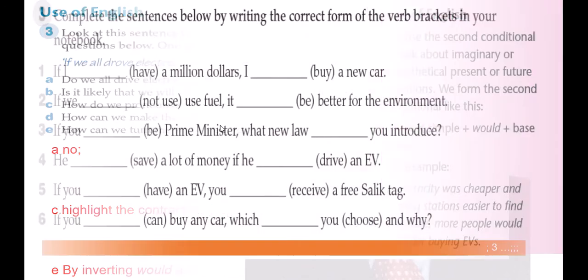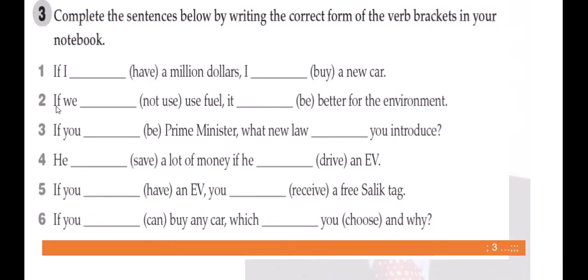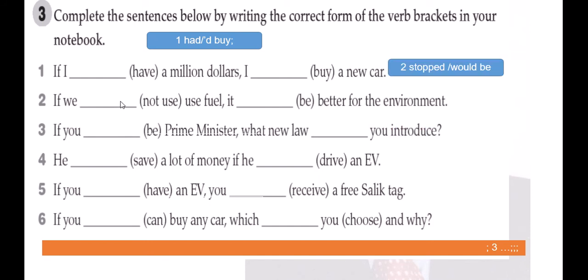Here, complete the sentences below by writing the correct form of the verb in brackets. Okay, if I had $1,000,000, we have to write the past simple of have. It will be had. And here, I would buy a new car. Number two, if we didn't use fuel, what would happen?